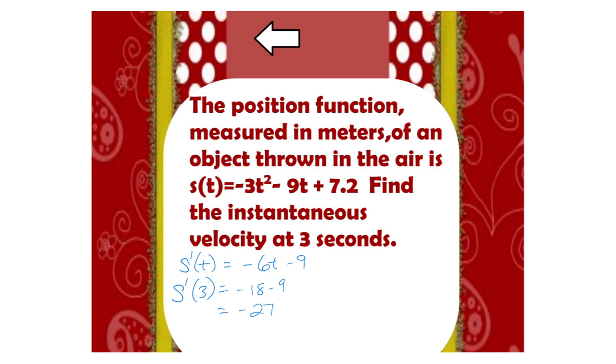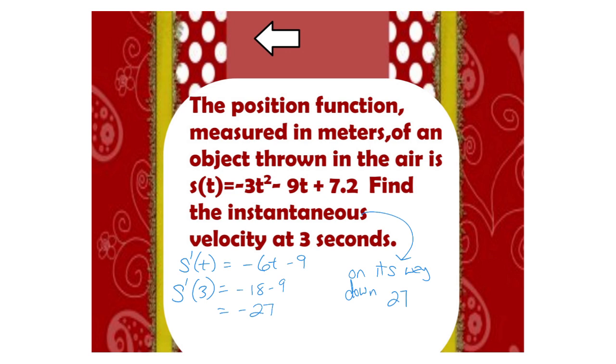Now, if you think about what's going on in this problem, the object was thrown in the air. If my velocity is negative, what that means is it's on its way back down. So I don't know that I have to write that it's negative. I almost would say I would always make a statement of what that really means. So the instantaneous velocity on its way down is 27, and then think it's velocity, it's a speed, so let's be sure that we label it.